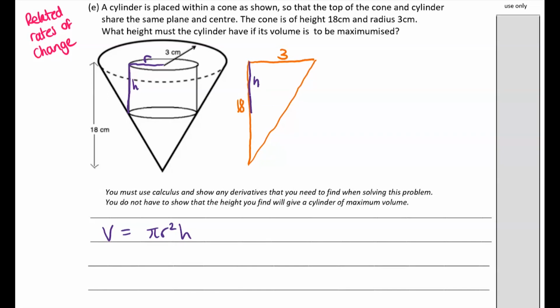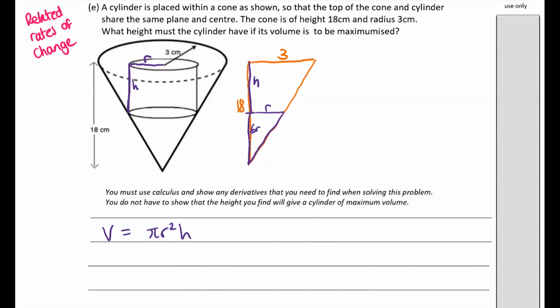So if we wanted to work out this height here of h that we needed, h would be this piece left, which is 18 minus this section here. Well, that section is, if that's r, this is equal to 6r because of similar triangles. So this smaller triangle here would be 6r and r.